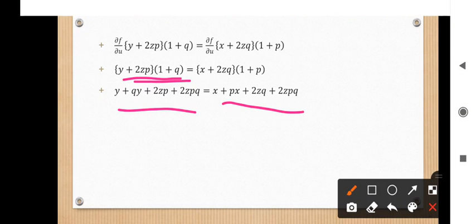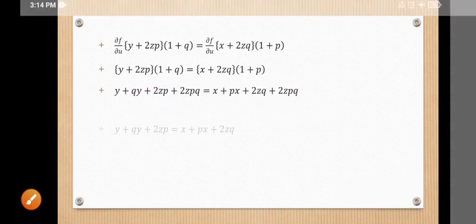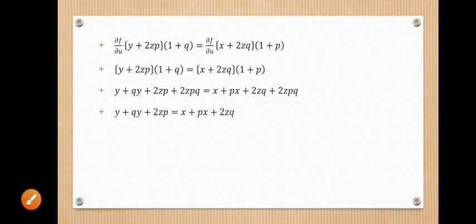So just by multiplying term by term we get this step. Then here also 2zpq and 2zpq are present with same sign on both sides of the equal to sign. So we can eliminate the term and then we can collect the terms containing p and q on LHS and the terms without p and q on RHS.